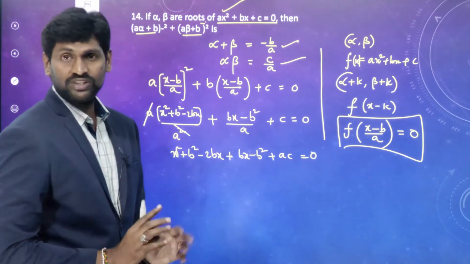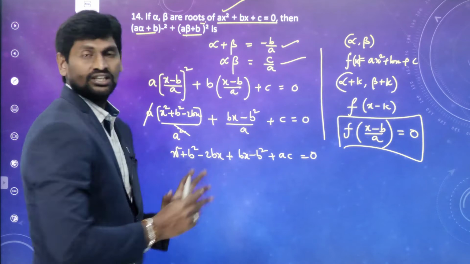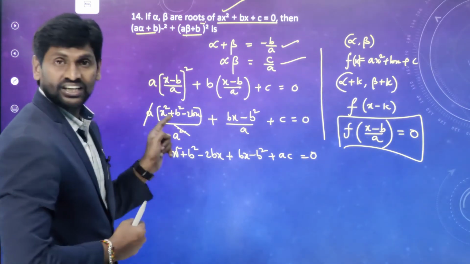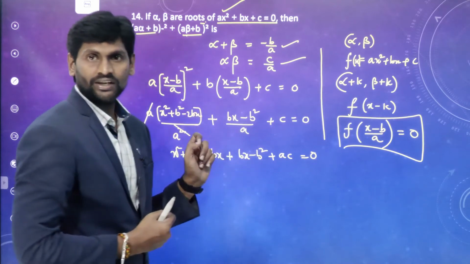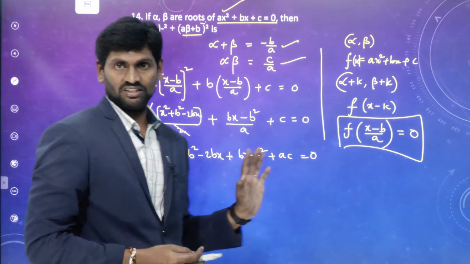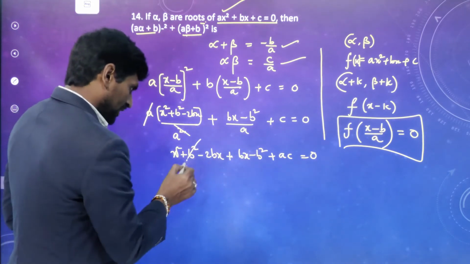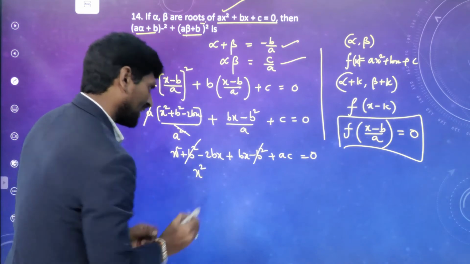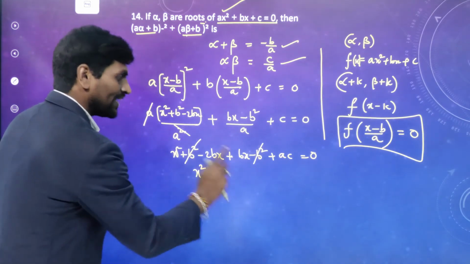That means I am just multiplying these three terms with a. If you multiply with a here, a and the denominator a cancel. For the second term also the denominator cancels. The third term has no denominator, so the numerator a remains. Now b square minus b square cancels. What is remaining? x square minus 2bx plus bx.